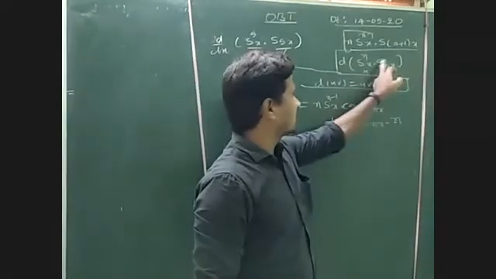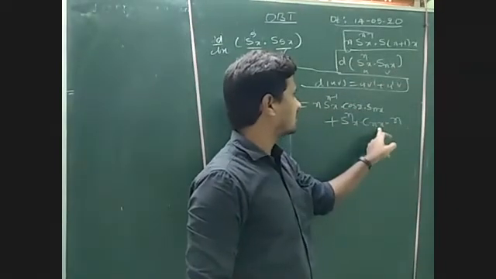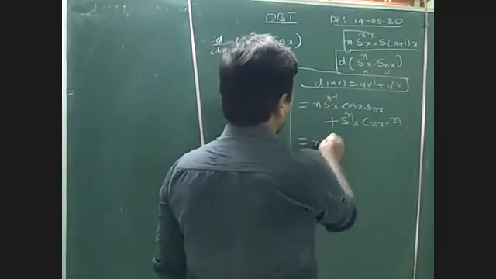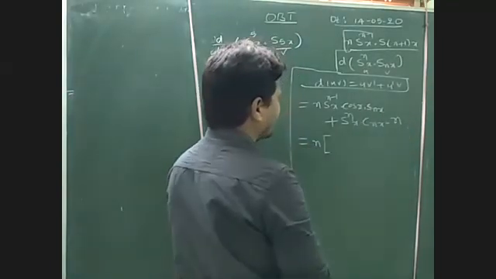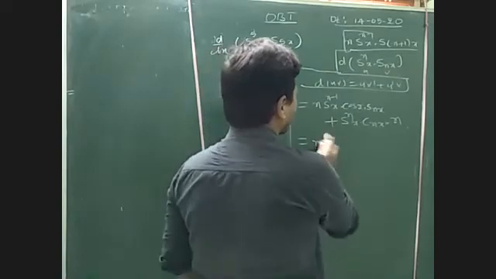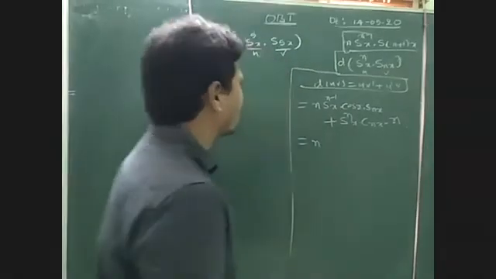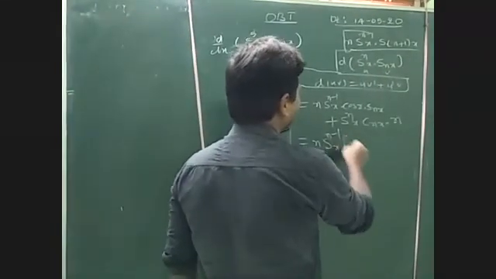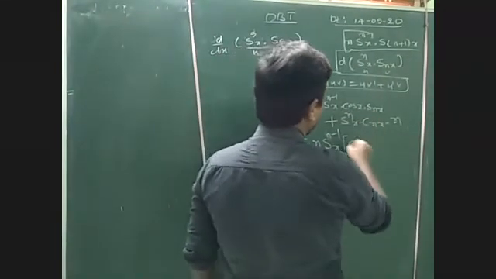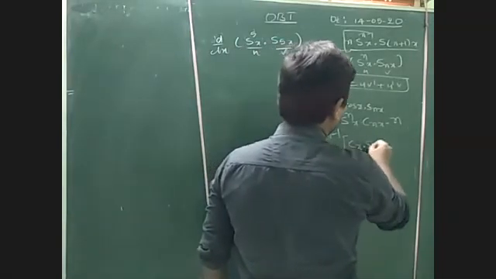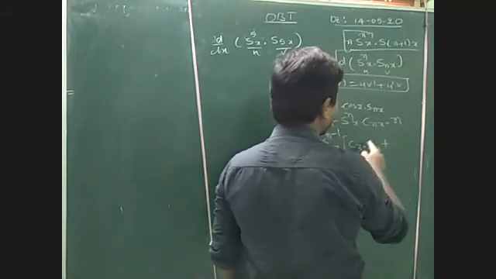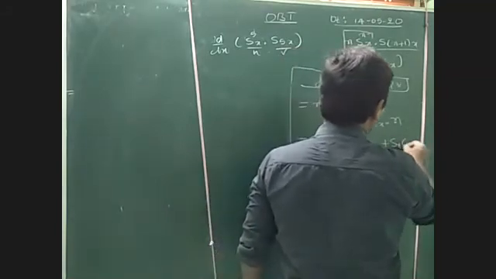What is common here? n is common, take it outside. Another common value is sin power n minus 1 x. Remaining is cos x sin nx plus sin x cos nx.